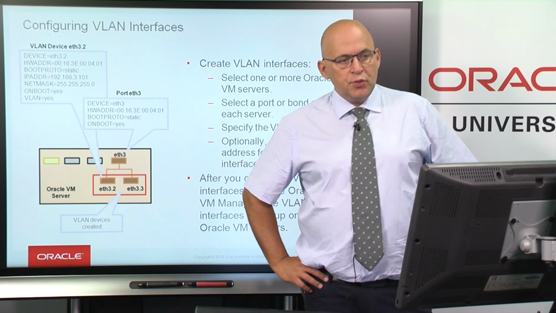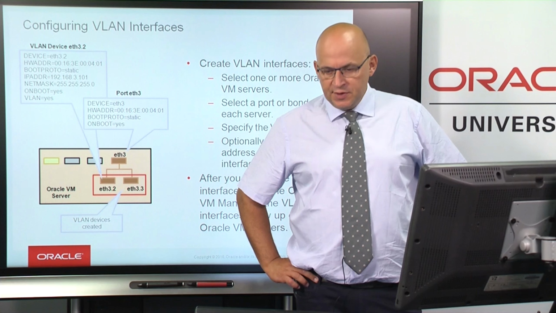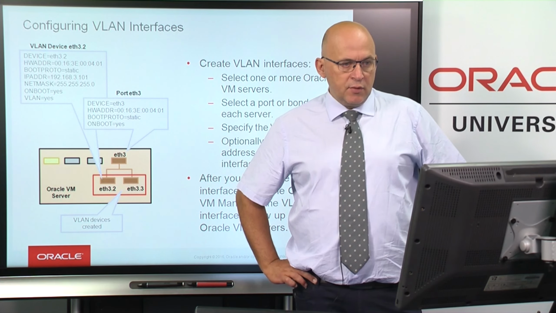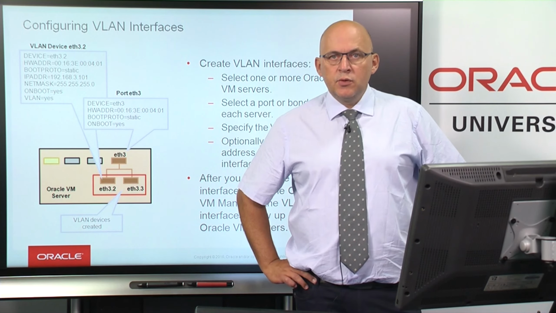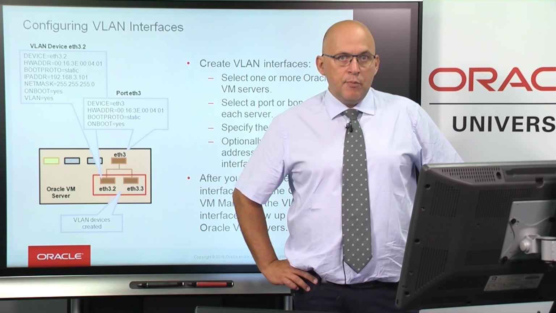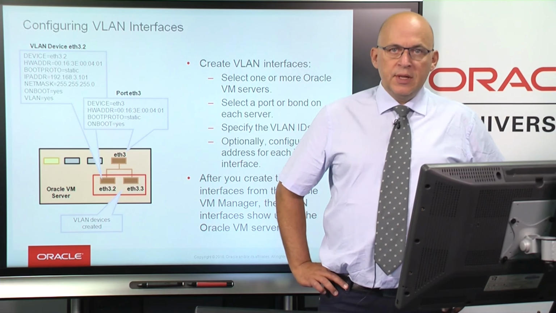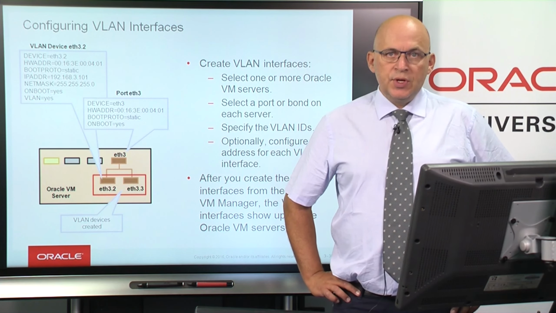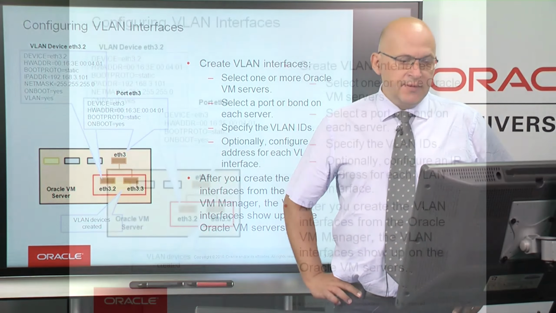So in order to proceed, you have to select several servers that will support this kind of functionality. We have to select a port or bond, which is already done, and then you might choose an IP address on each VLAN interface.